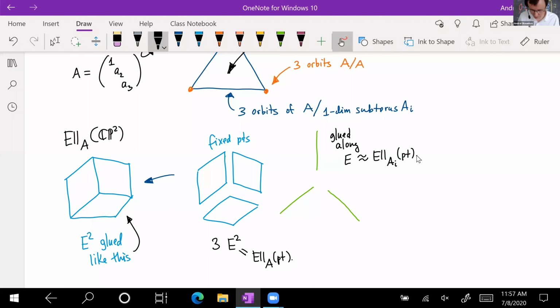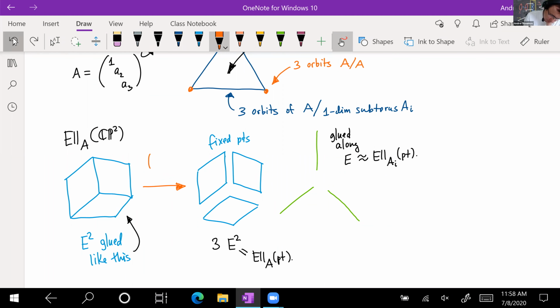But if I want functions on the 3 coordinate planes, they're the functions on each that satisfy gluing conditions on the intersections. So maybe I'll draw the pullback of functions. Functions go this way.